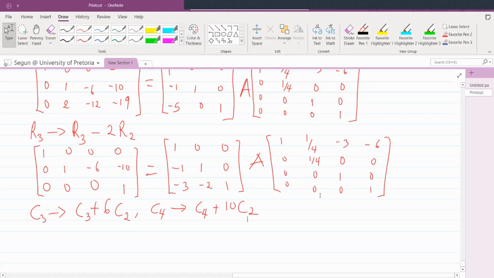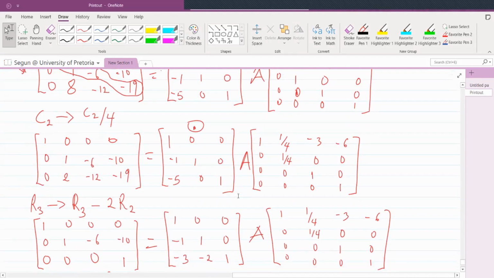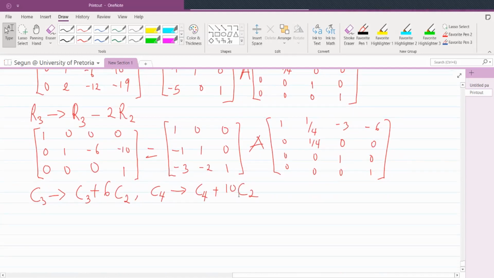Is it possible we do this column 3 before the row, or must it be the row before the column? Look for the one that is convenient for you, that will not make it complicated. Most times, so far, the rows and columns are allowed.